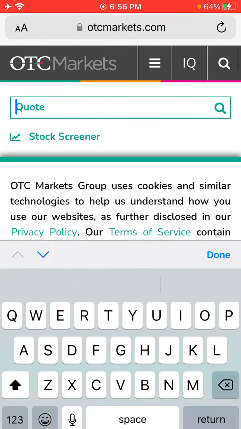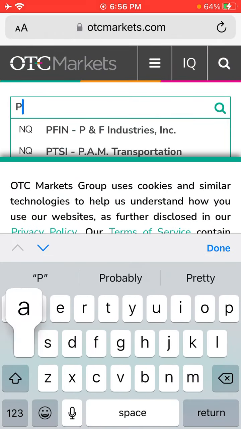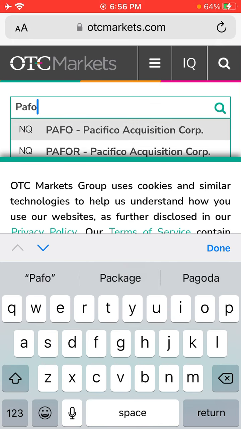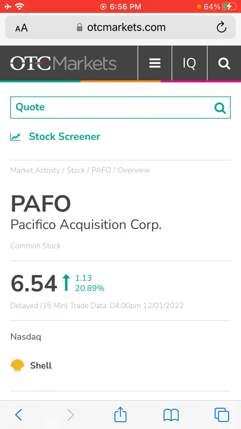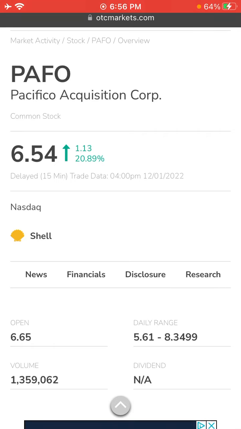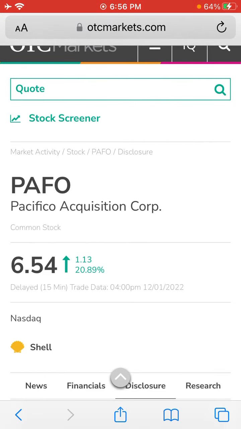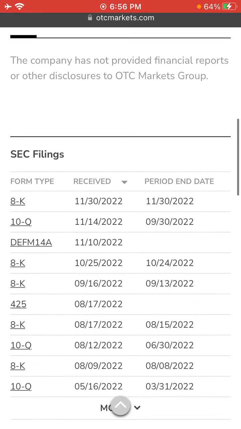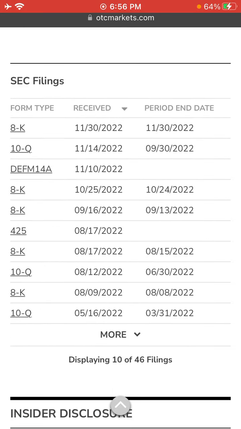And then here on PAFO, we can see on this stock, they didn't have a reverse split or an offering after their 10Q file. So the number here is easy to find. Okay, this is the most recent 10Q.